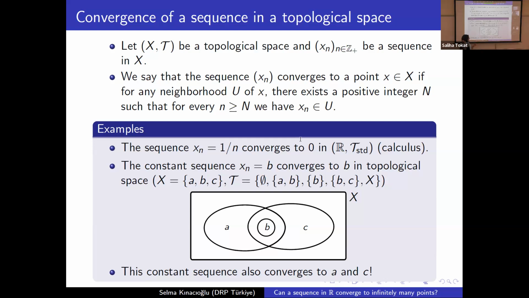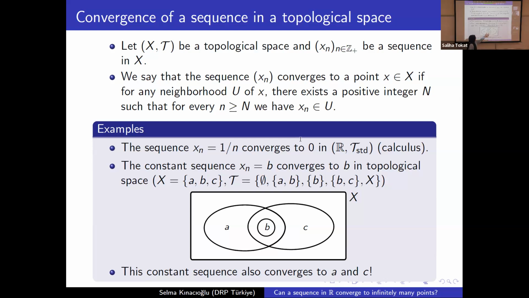But in this topology, it is different. Imagine that this is 0 and this is 2. Let us consider the neighborhood of 0, this circle, this set, and the whole set. When I consider the neighborhood of A, this circle and this circle. That means in the neighborhood of B, or the neighborhood of 0, we have A at the same time.